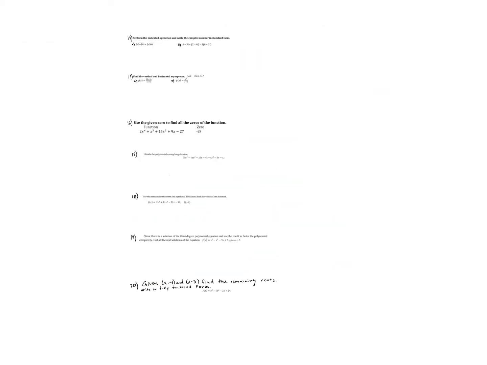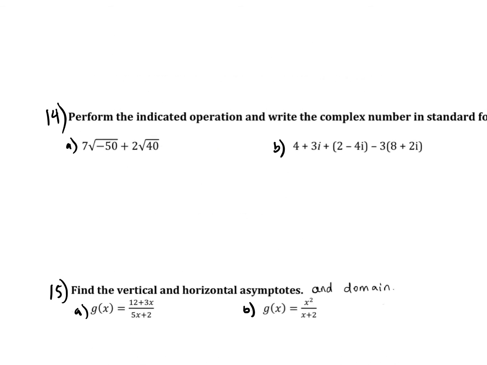All right, so starting with 14, we have to perform the indicated operation and write the complex number in standard form. So standard form is a plus bi. So the real number comes first, the imaginary number comes second.